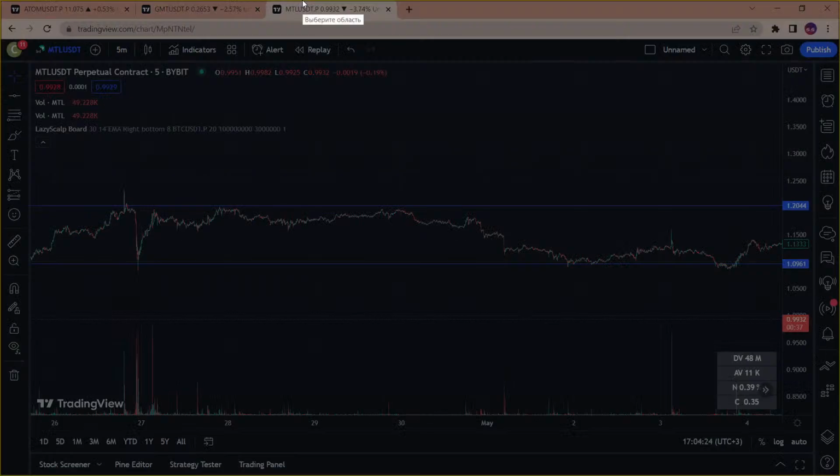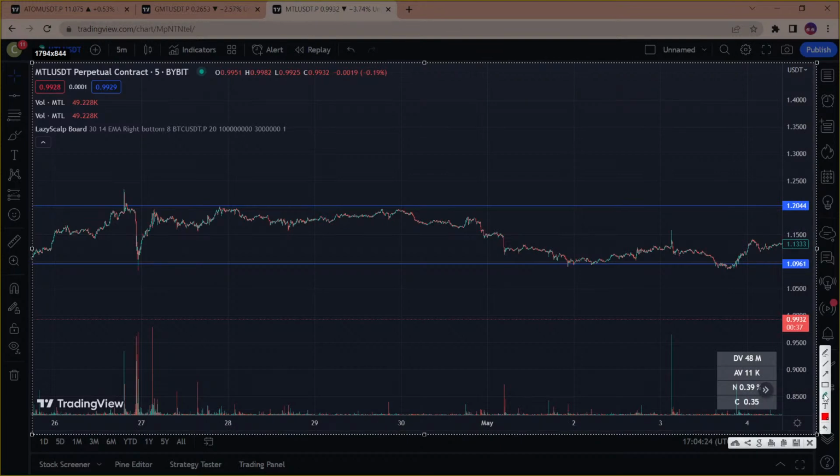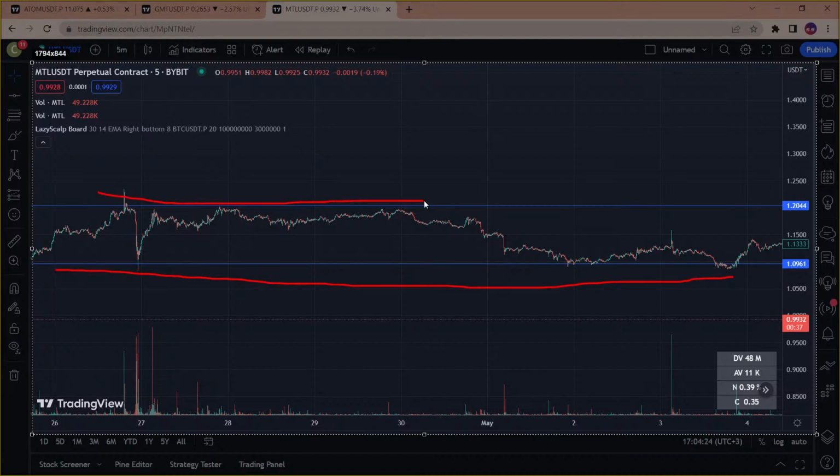So let's write it down just to distinguish two reasons. Here we have the consolidation, as you see, and the first reason for consolidation is equality between supply and demand.